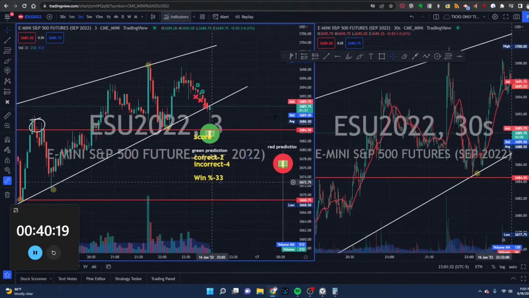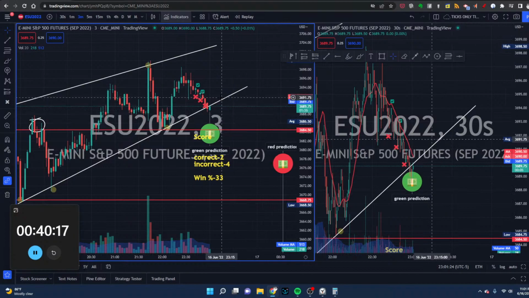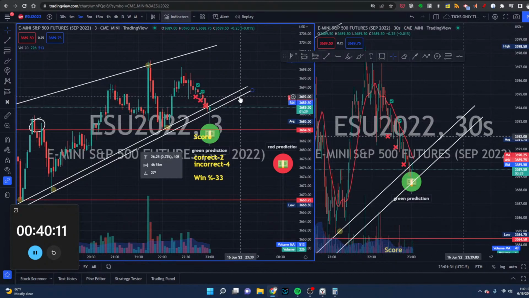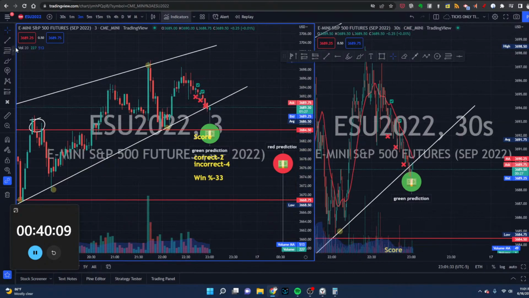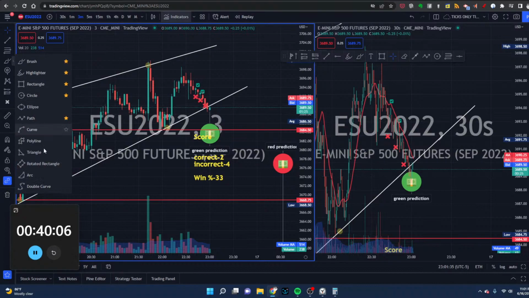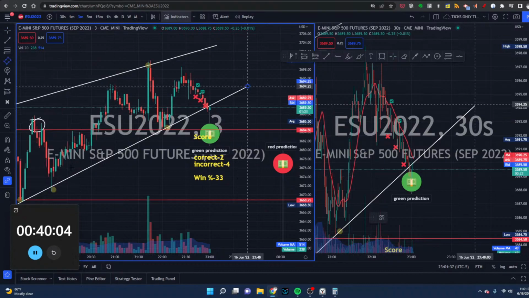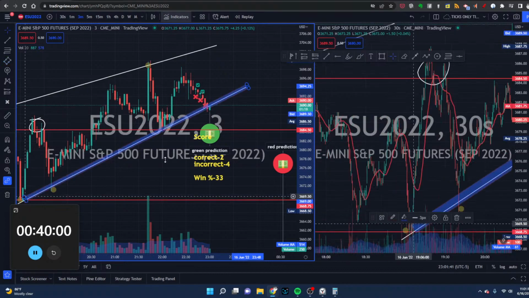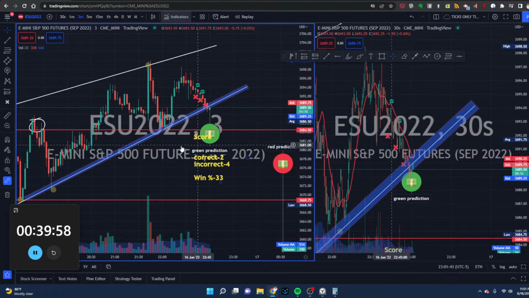There's 2 ways you guys can make zones with these lines. There's this way, you just take it and copy it like that. Visualize it as a zone. Or what I like to do also is I take a rotated rectangle here and I bring it back here, and then I just expand it on top of the bar. That's how I like to visualize it.